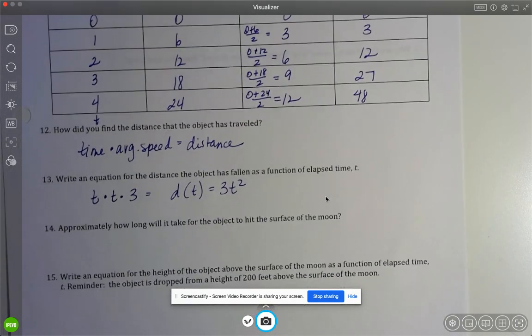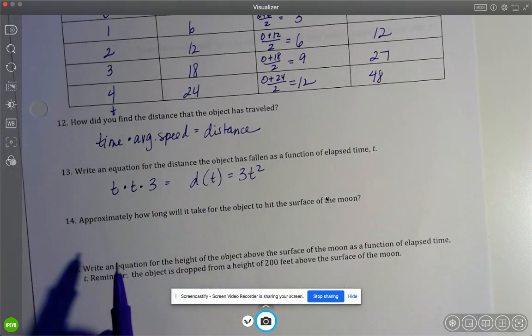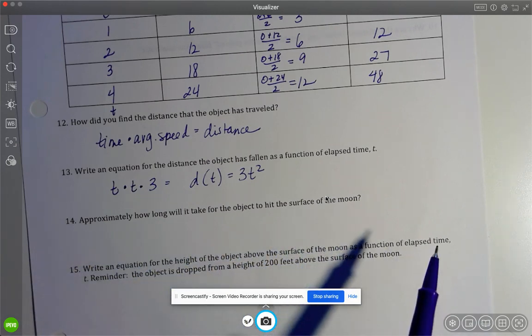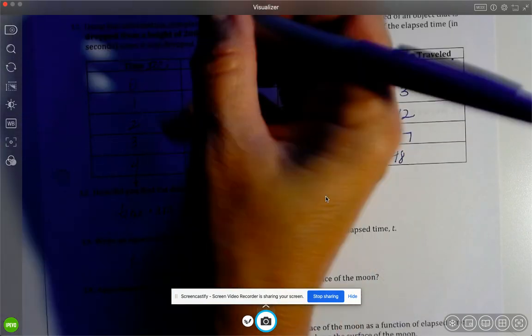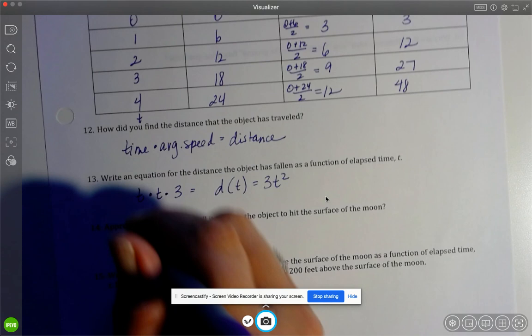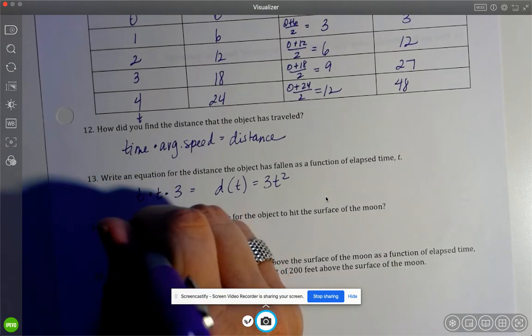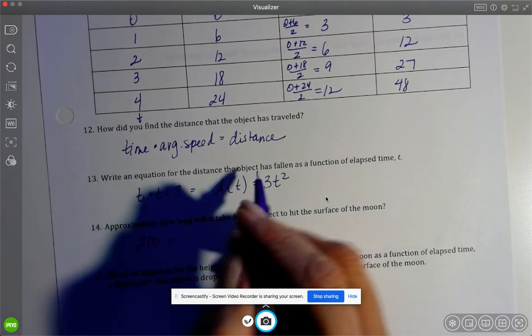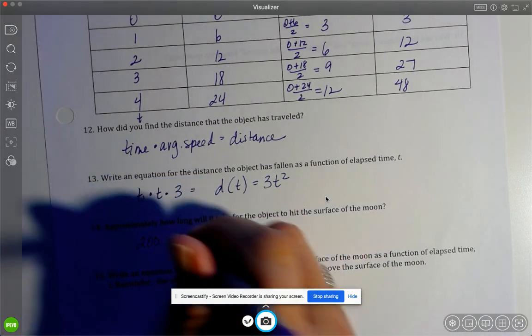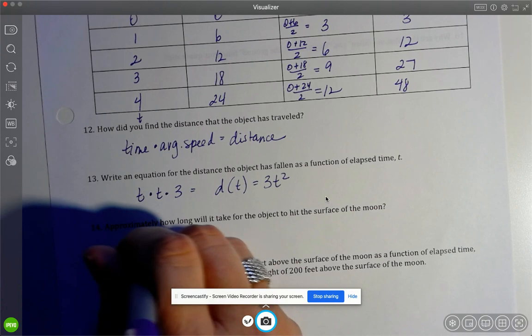And it says, approximately how long will it take for the object to hit the surface of the moon? Well, up here it says that it's 200 feet above. So I know the distance, 200. I'm going to use this equation. Distance equals 3t squared. And go ahead and solve it. So I'm going to divide both sides by 3.